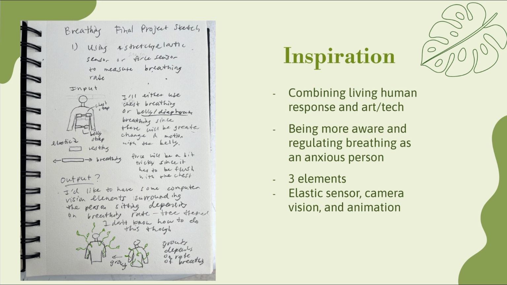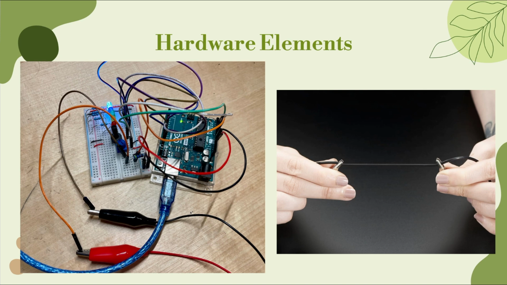There's an elastic sensor that I'm using to measure breathing rate, and I'm also using computer camera vision and input to project this plant growing animation onto the user. For my hardware elements, I'm using an Arduino, as well as a series of LEDs and potentiometers, and the elastic sensor.